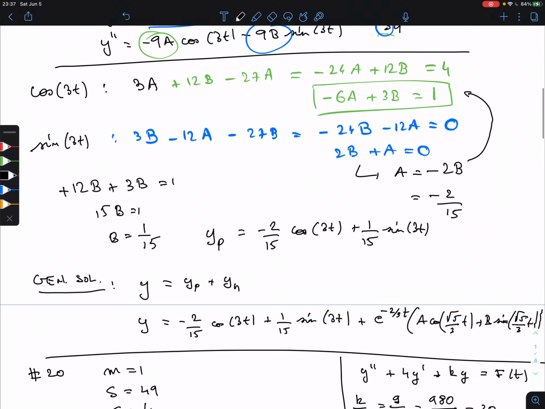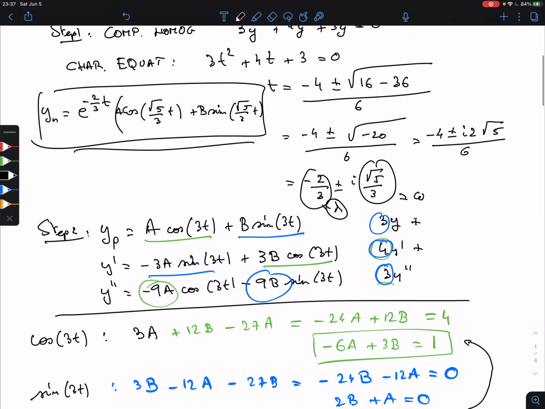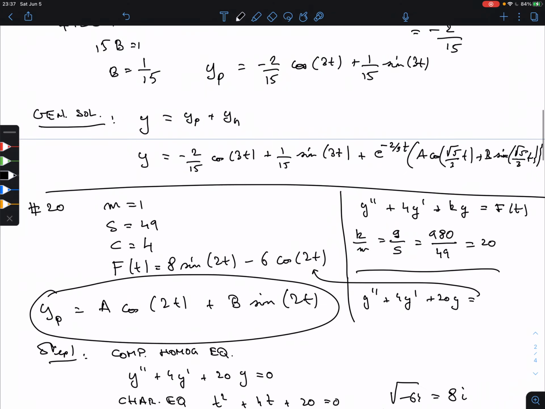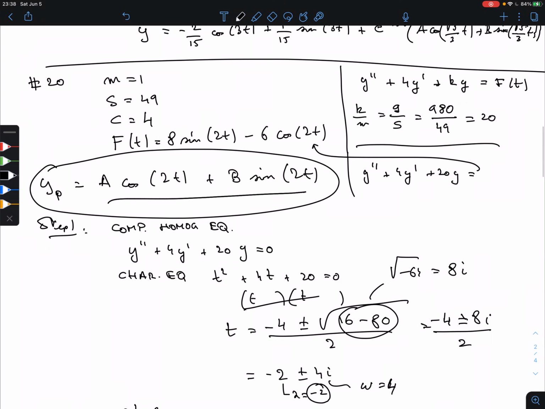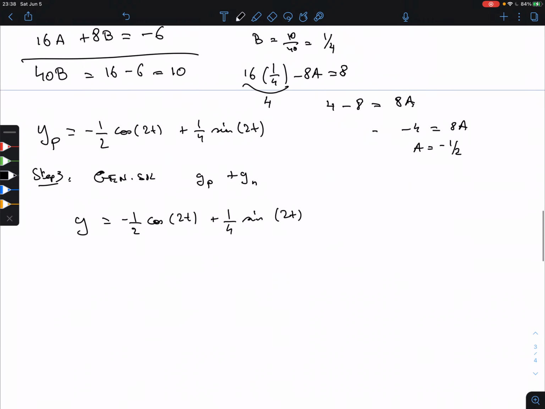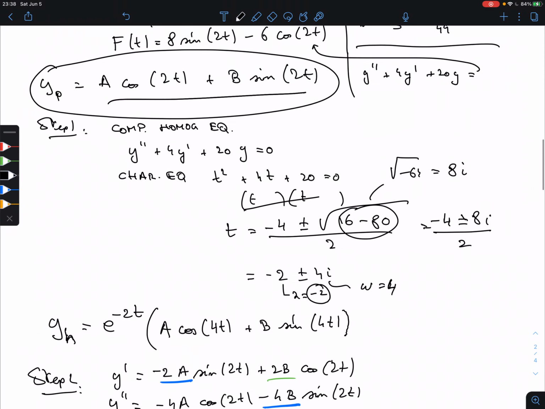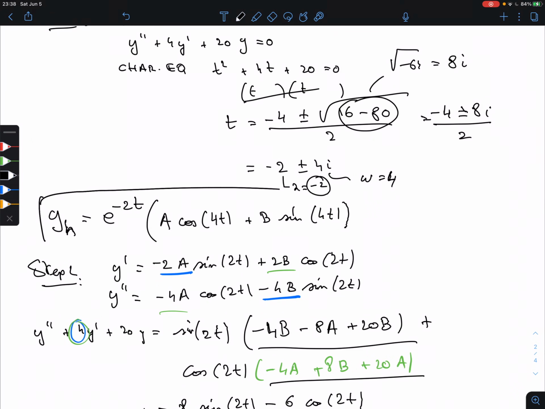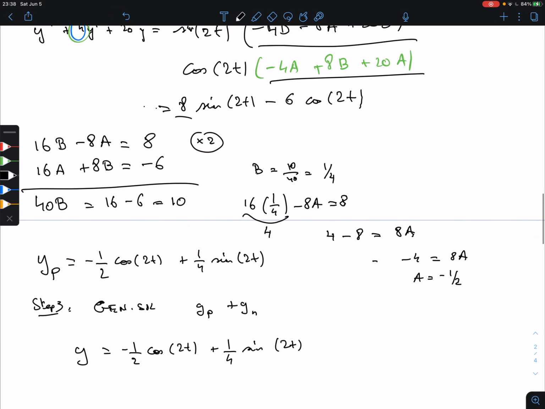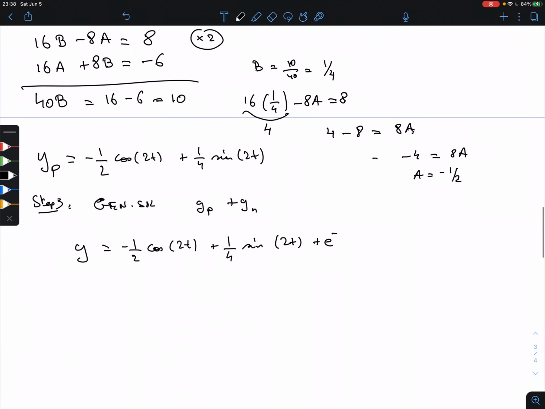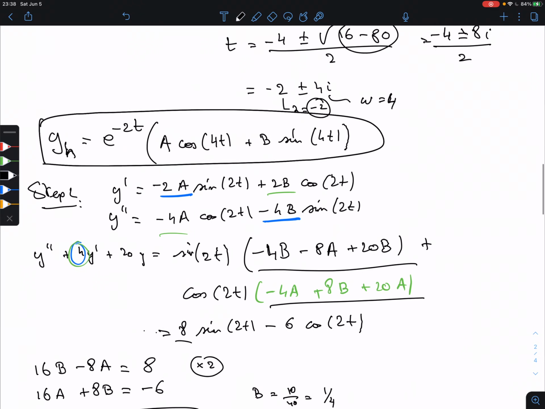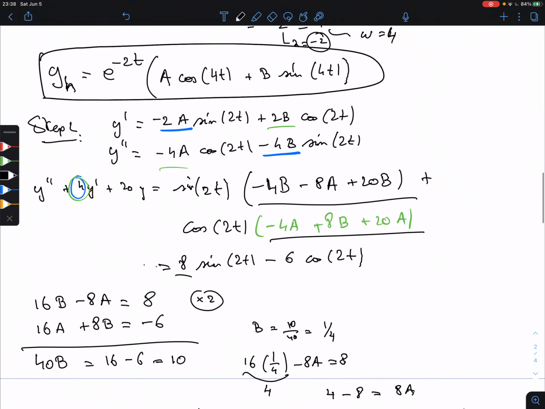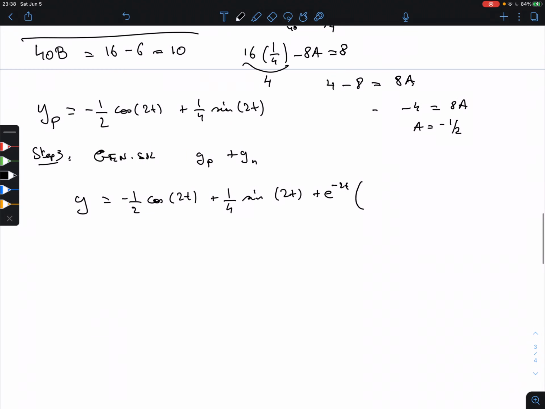And then here it is: e to the minus 2t times cosine 4t and sine 4t.